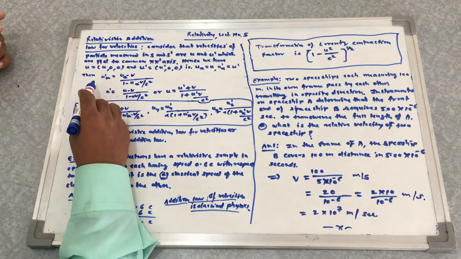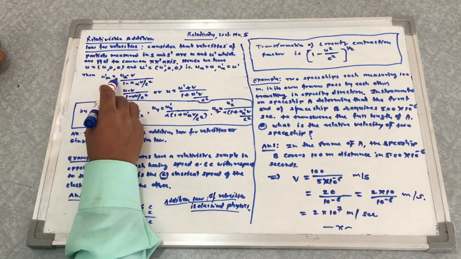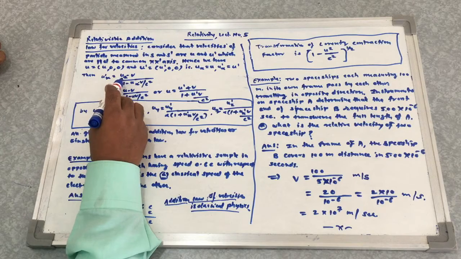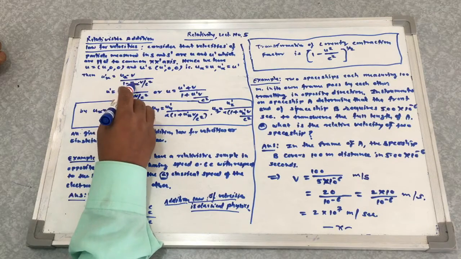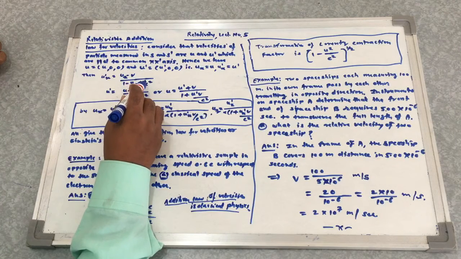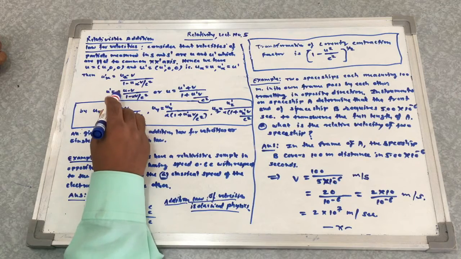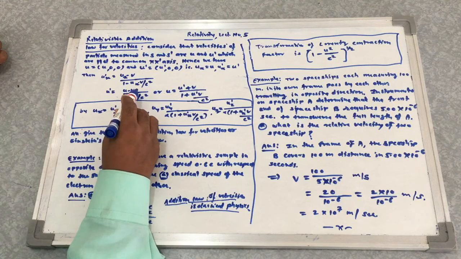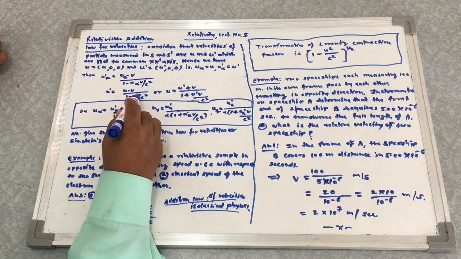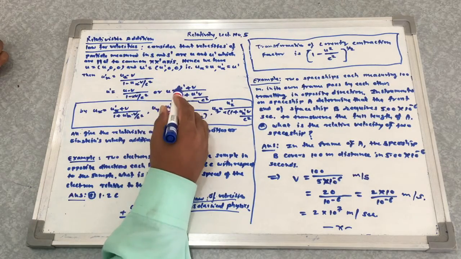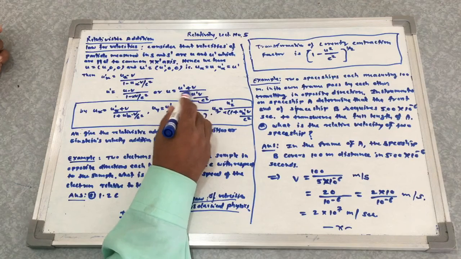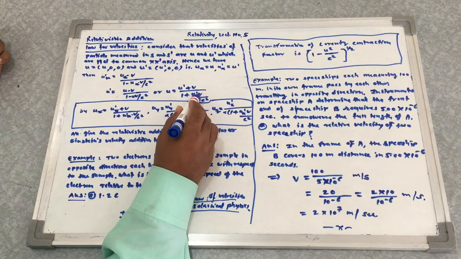Then U dash x is equal to (U suffix x minus V) upon (1 minus U suffix x into V divided by C square), and U dash is equal to (U minus V) upon (1 minus U into V upon C square), or U is equal to (U dash plus V) upon (1 plus V dash U dash V upon C square).